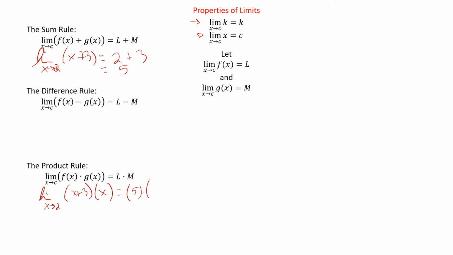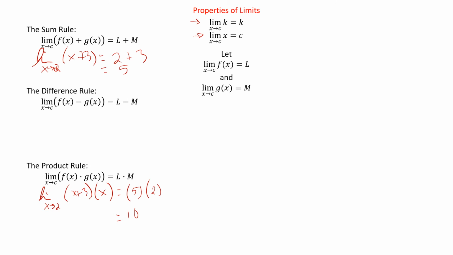And the limit as x approaches 2 of x is 2. We know what the limit as x approaches c of x is. So 5 times 2 is 10. So the limit as x approaches 2 of x plus 3 times x equals 10. And that just uses the product rule.